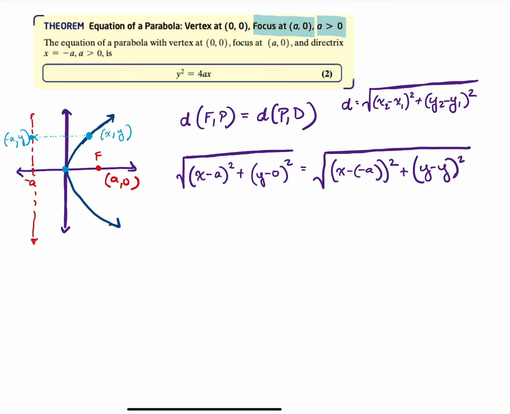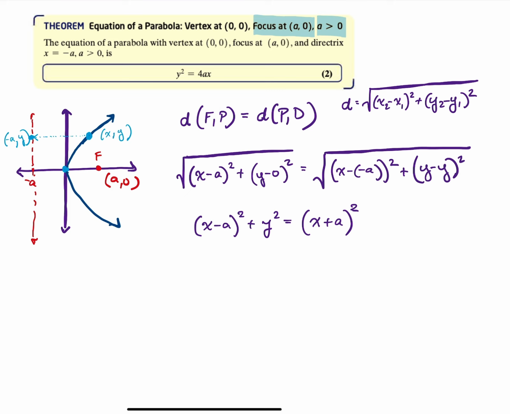So these are both under square roots, meaning we can square both sides. So we can write them without the square roots, and let's simplify things a little bit. This looks like x minus a squared plus just y squared should equal x plus a squared, because of the double negative. And then y minus y squared, that'll just be 0. So let's expand out these squared factors and see what will cancel.